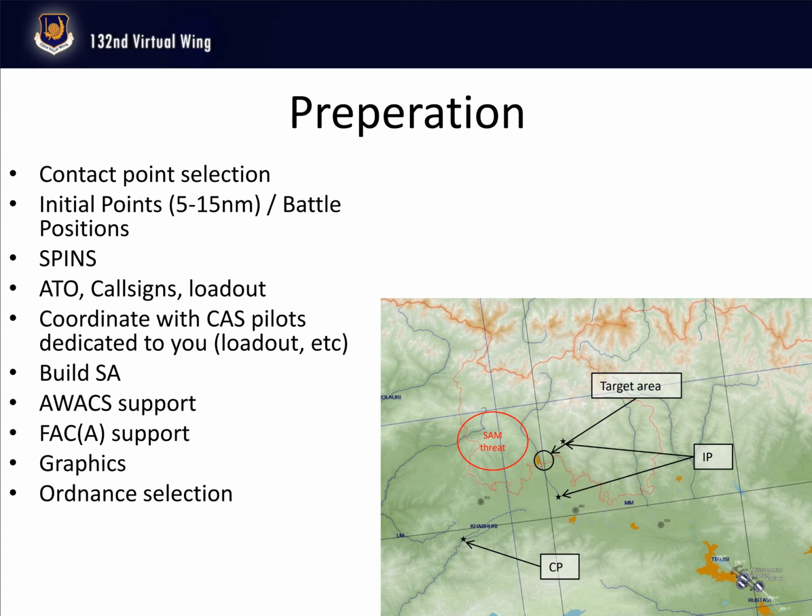The initial point is the place where you should hold until you commence an attack, directed by the JTAC. We will usually have several IPs spread around the target area, usually over friendly ground. So if anything happens, you are over friendly ground and you will not be taken hostage or captured.